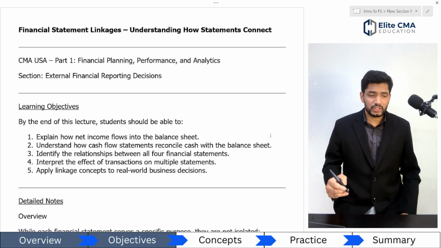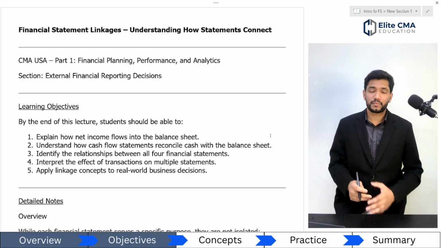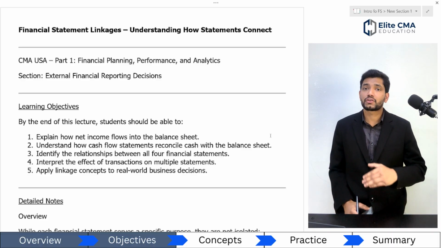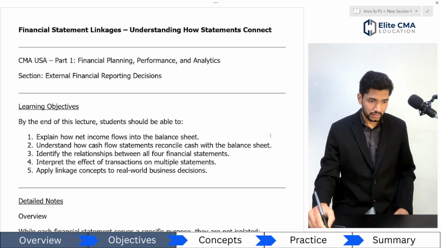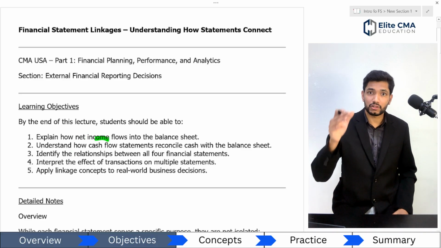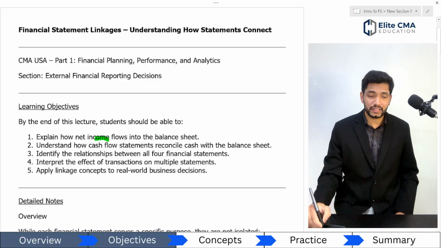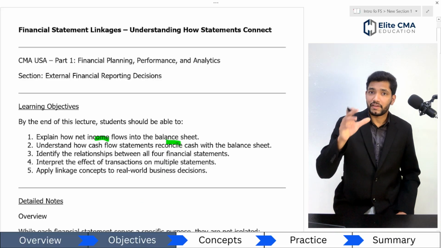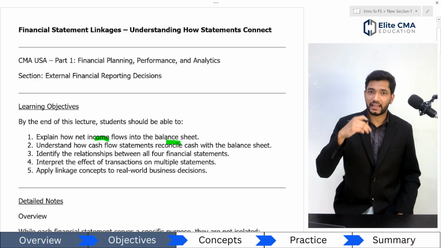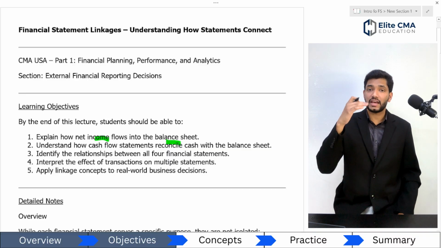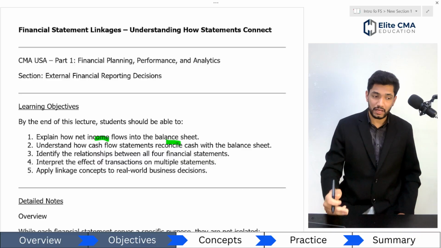The key learning objectives of today's discussion are: explain how net income flows into the balance sheet, and explain how the cash flow statement reconciles with the balance sheet. We have an ending cash balance in the cash flow statement; how is this connected with the balance sheet?